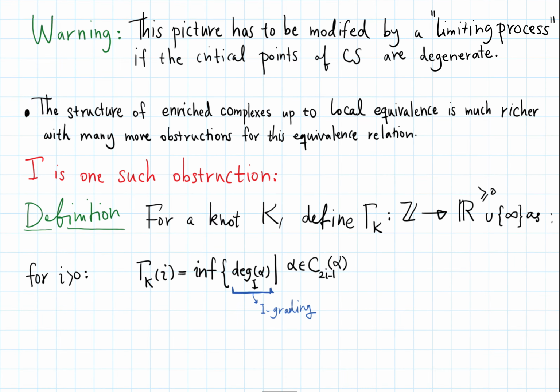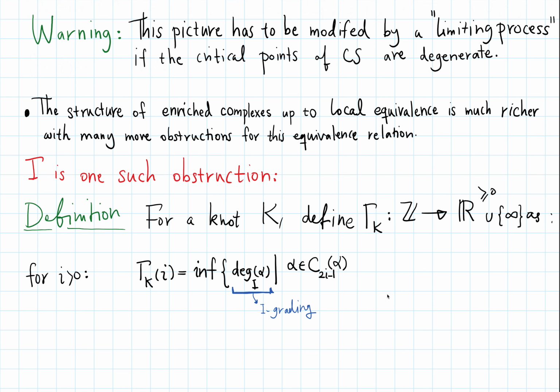When i is positive, it's going to be defined in terms of the I grading of some elements of the complex C star of alpha. Remember that it has a bigrading. We require this integer grading to be 2i minus 1, and then we'll look at the I grading of this element.